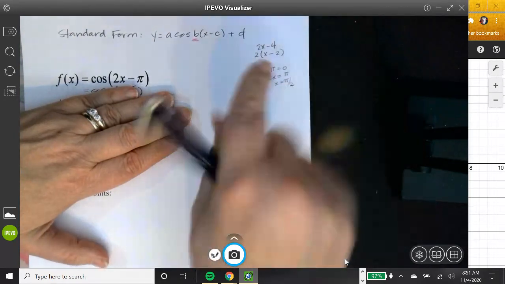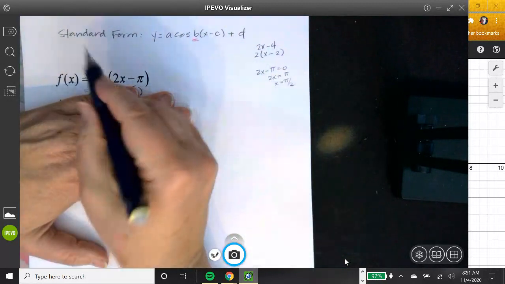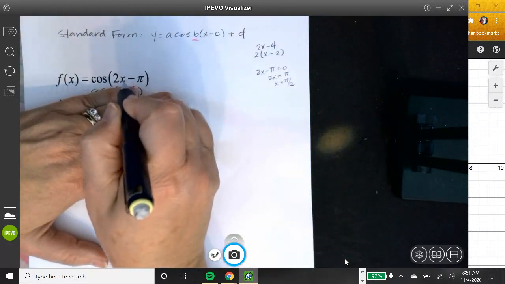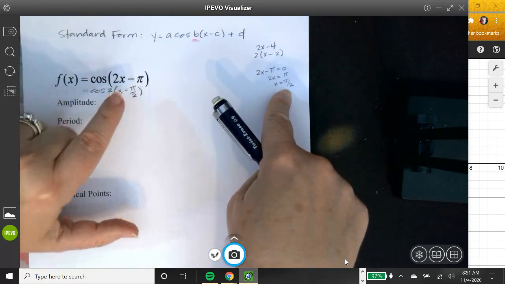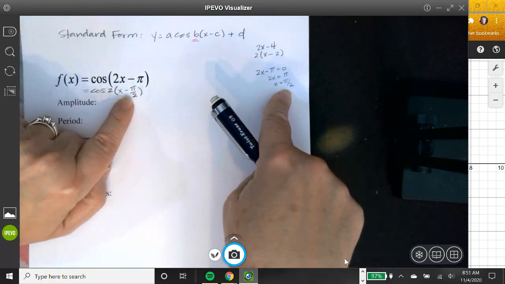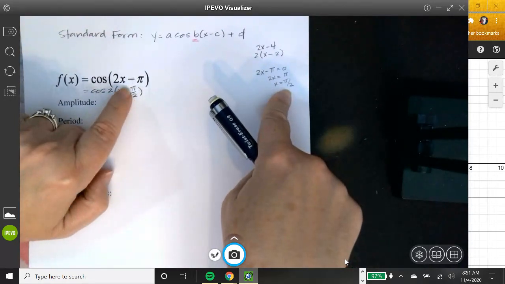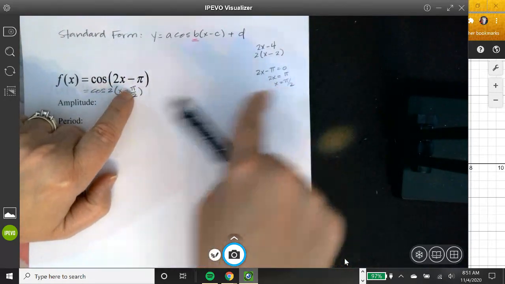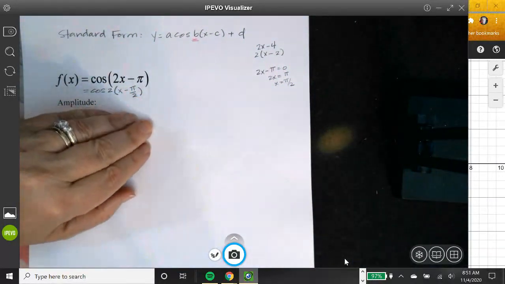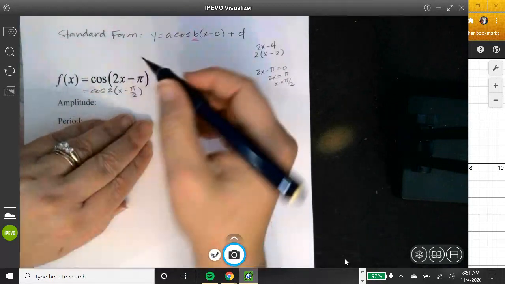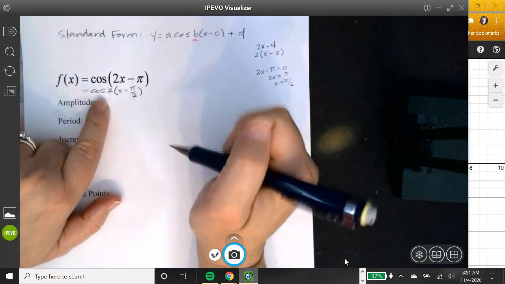Do you see how the phase shift is whatever makes the angle argument equal to 0? And that's going to be pi over 2. So if you ever forget, you can set the inside angle argument equal to 0 and figure out what the phase shift is. But you're not going to be able to look at and see the c unless the b is factored out in front.